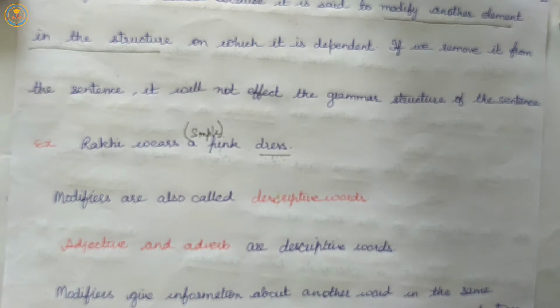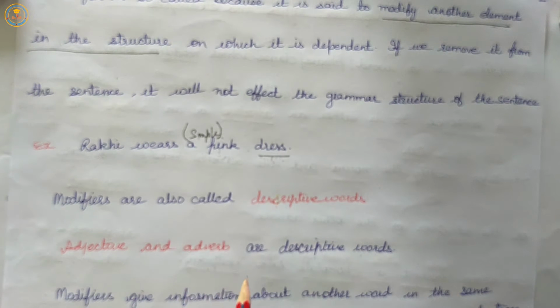So here modifiers are also called descriptive words. They tell us something about a thing or a noun or a head. Adjectives and adverbs are descriptive words, because an adjective tells us about or modifies a noun or pronoun, and an adverb tells us about or modifies a verb, or it also modifies an adjective and other adverbs in the sentence.